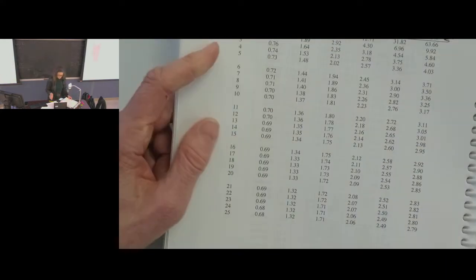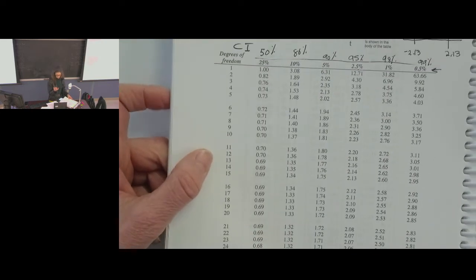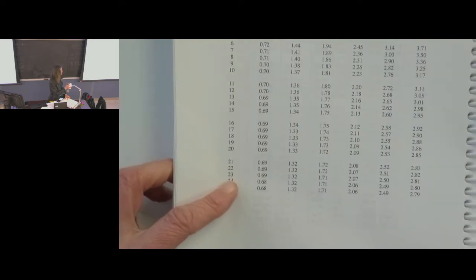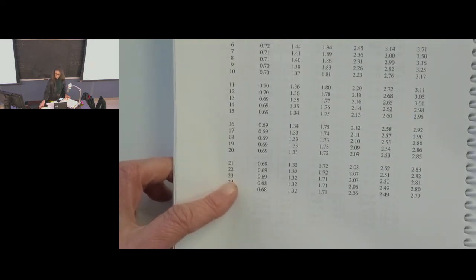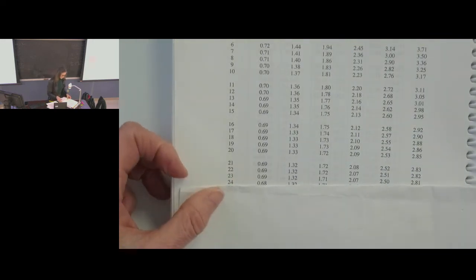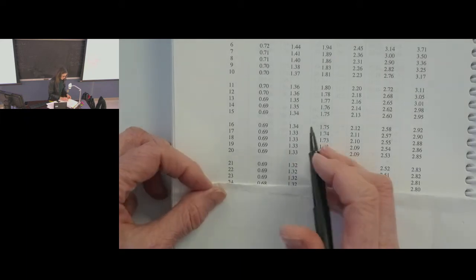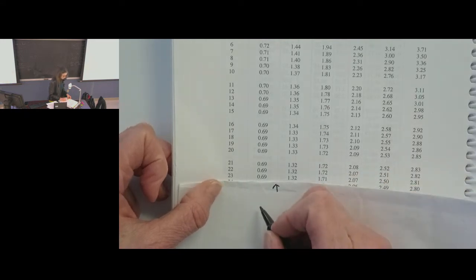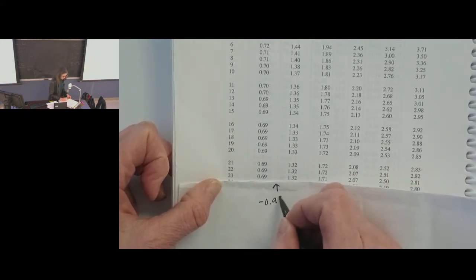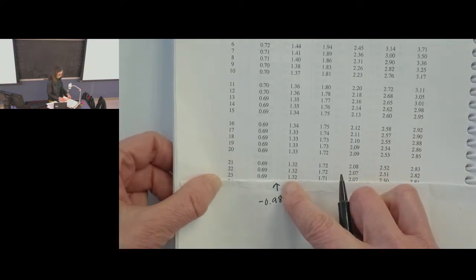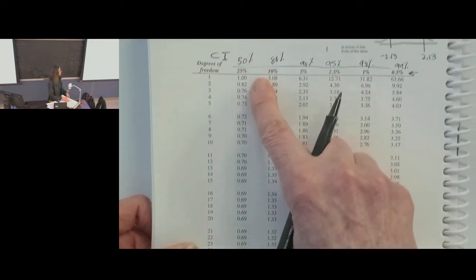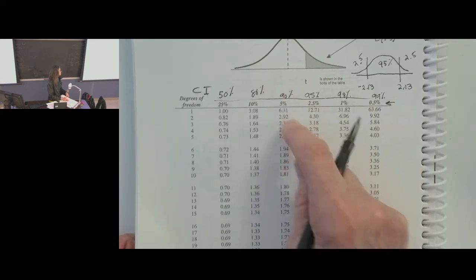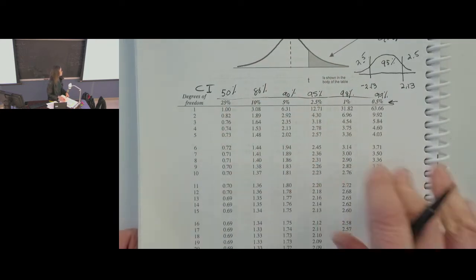Suppose we wanted to look up negative 0.98 on the t table, with 23 degrees of freedom. We're just looking at this line. We know it's symmetrical, so it would be right here, negative 0.98. All we can tell is that the tail, which would be the same as this tail, is between 10% and 25%.